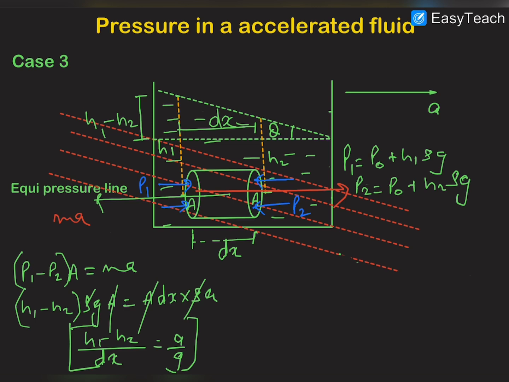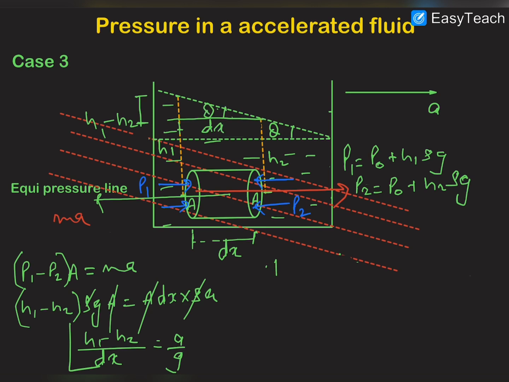And in this triangle, you can imagine this triangle, this angle is also theta. So theta will be H1 minus H2 upon dx. I'll write it down here. This is H2 minus H1, and this is dx, and this is theta.